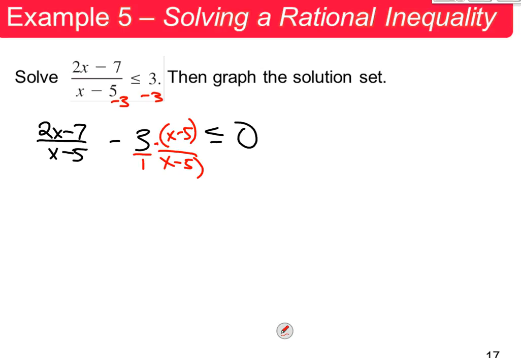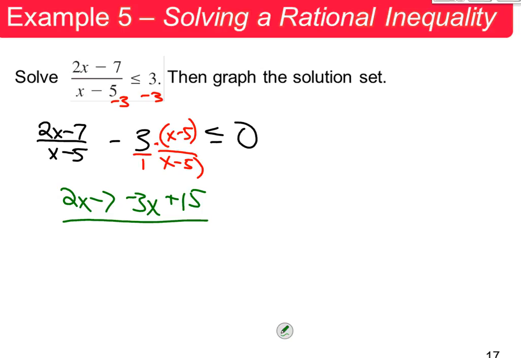So this one is a little more intense than it might have looked at first glance. When I do this, I get my numerator, 2x minus 7, and I'm going to distribute that right away, minus 3x. And then am I right in saying plus 15?